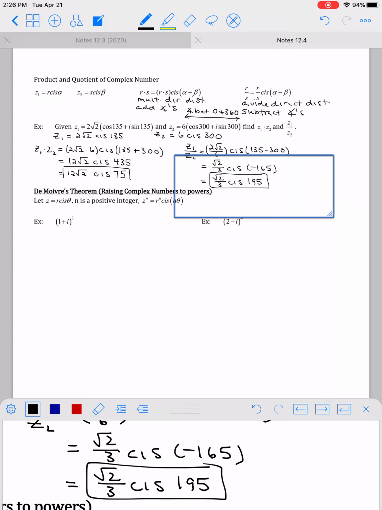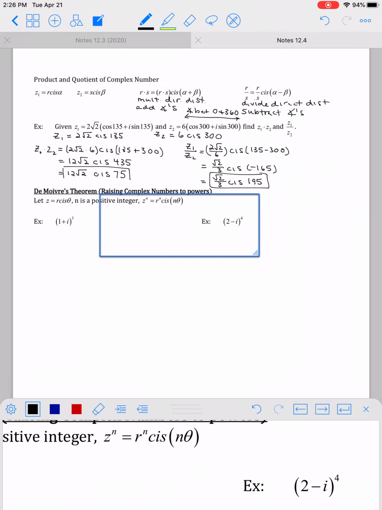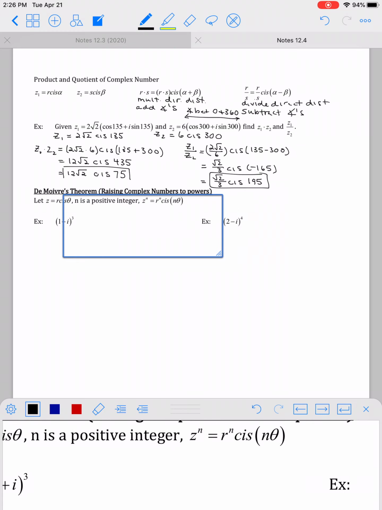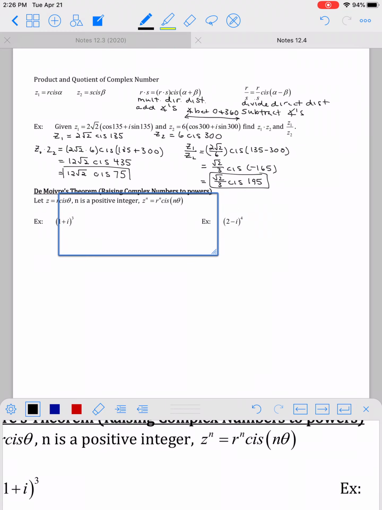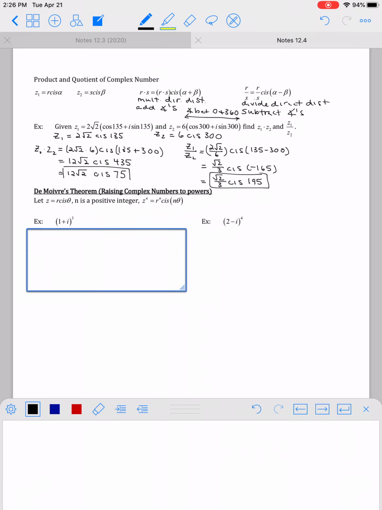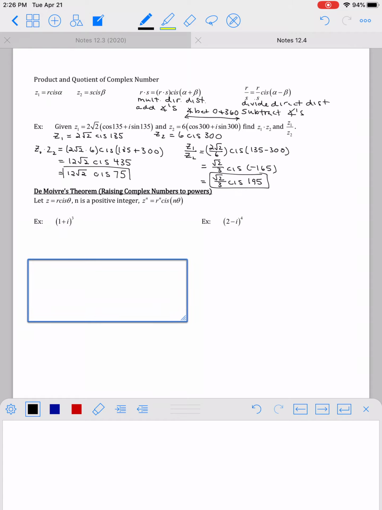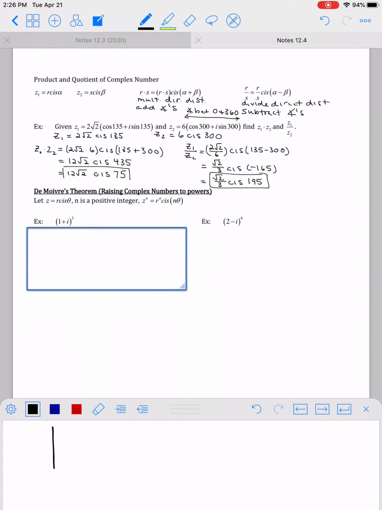Okay, now finally, what the section is named for is de Moivre's theorem. What it says is we're going to raise to a power: we raise the directed distance to the power, and then we multiply the angle by that power. So first things first. This one is in quadrant 1, so in order to do this, we have to convert to polar. This is a 1, 1, square root of 2 triangle.